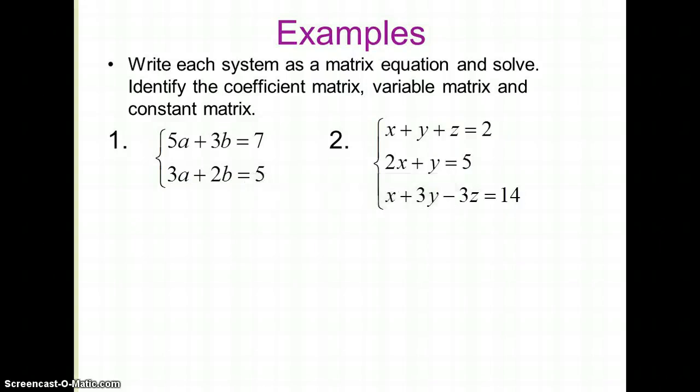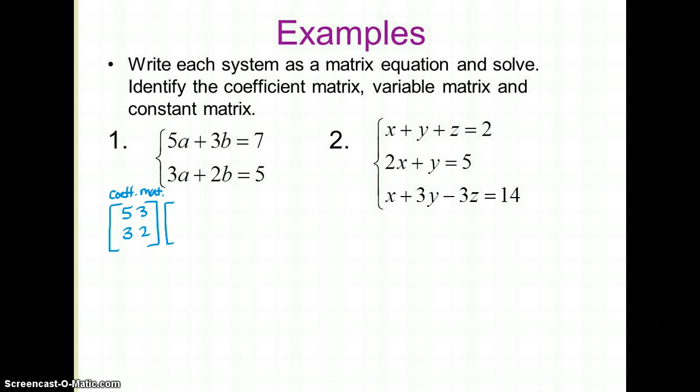All right, so I'm going to start with my first problem here. I'm going to set up my coefficient matrix. So I go through the coefficients in my equation, and I get a 5 and a 3 and a 3 and a 2. So this would be my coefficient matrix times my variable matrix.